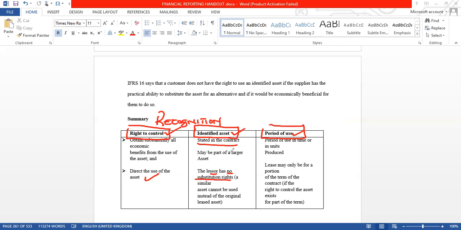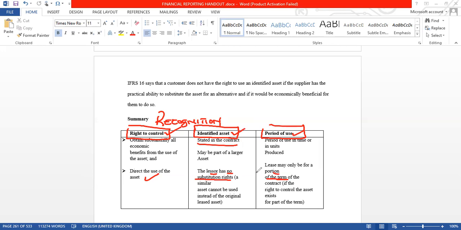So we are talking about the lease term. These are things that should be made manifest for you to realize that something is a lease. You have to be able to spot that, so that is very, very important.